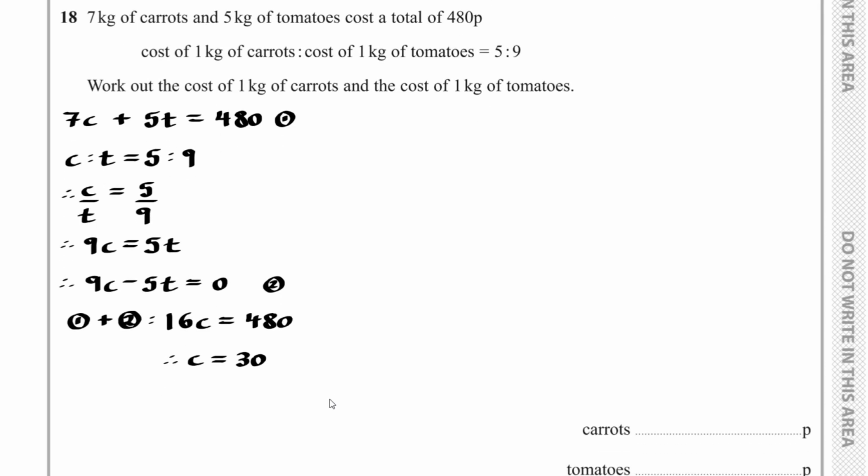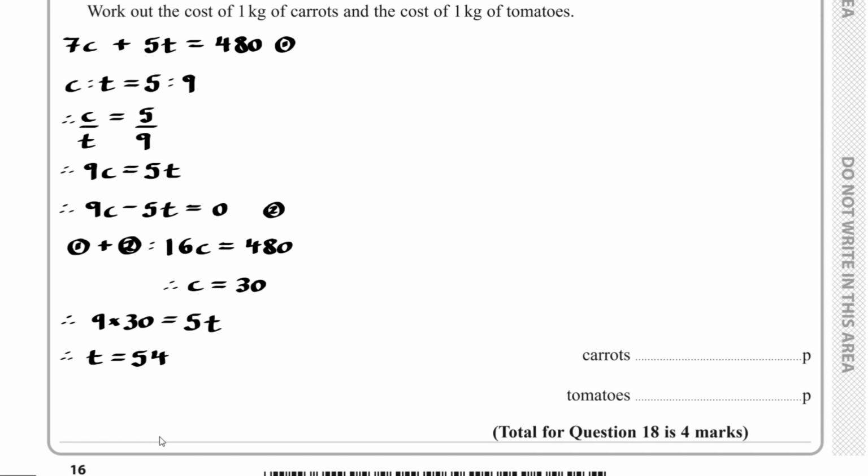And if c equals 30, we can now find out what t is. So we've got 9 times 30 equals 5t, and if I divide through by 5, I would have 9 times 6, which is 54. So t is 54. Meaning carrots is 30 pence, tomatoes is 54 pence.